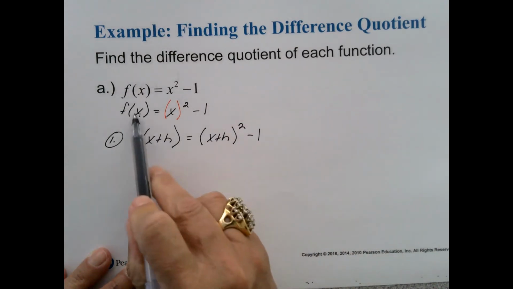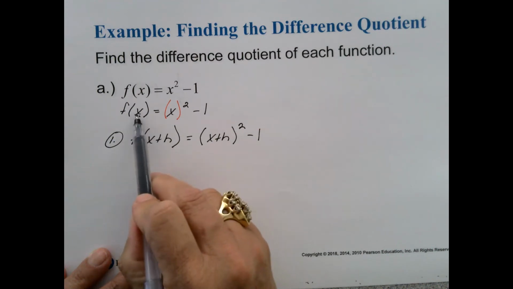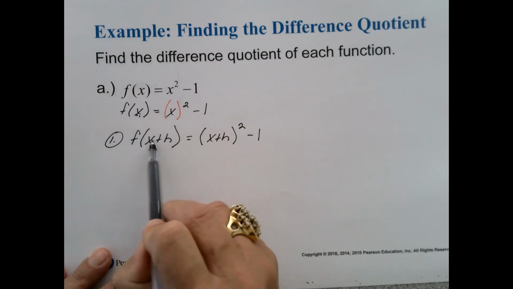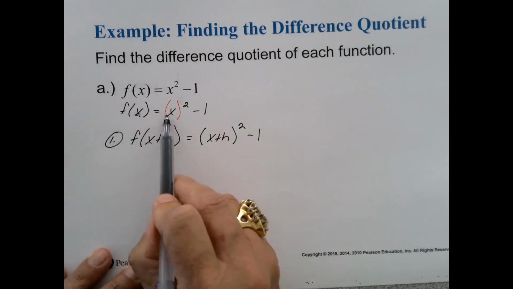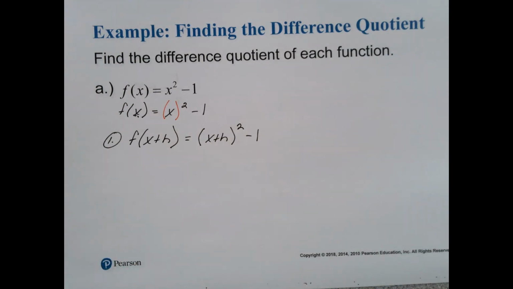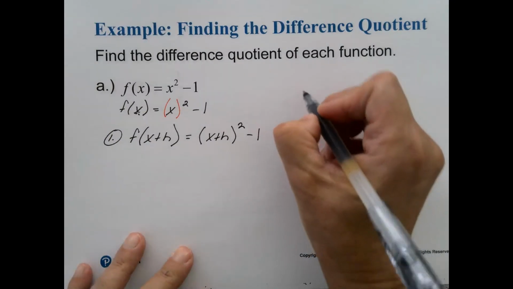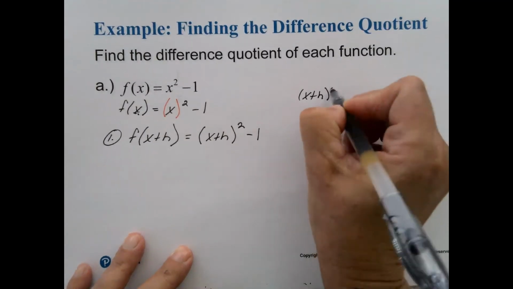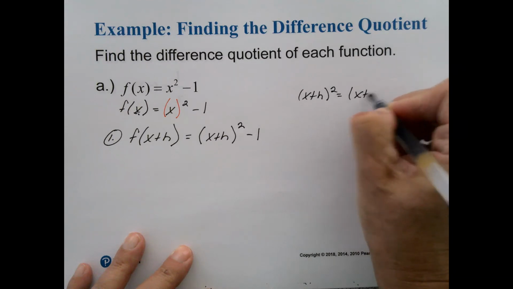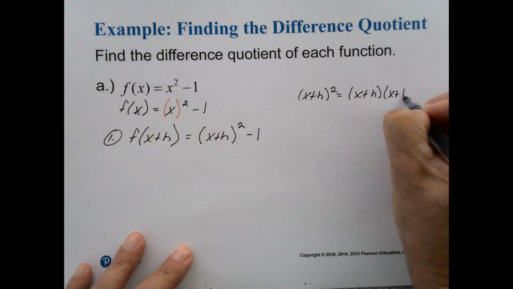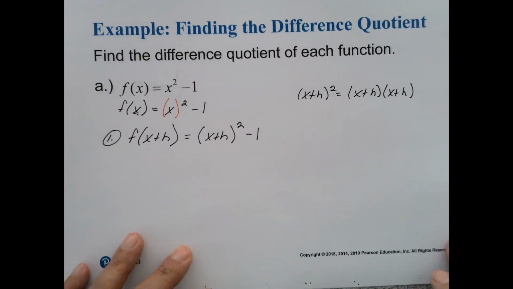So what used to be inside f's parentheses was x. Now I'm putting x plus h, so x plus h goes into the parentheses wherever we once had an x. Now remember, x plus h quantity squared requires FOIL, because it's x plus h times x plus h.